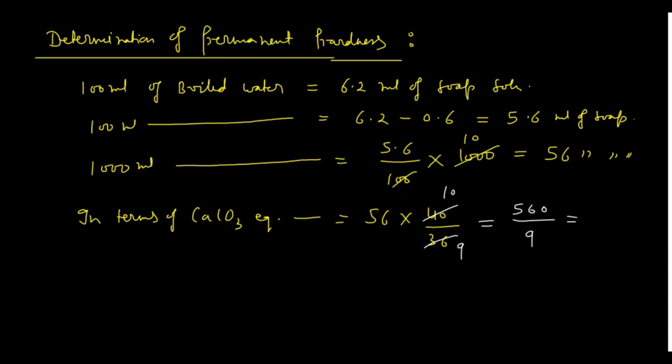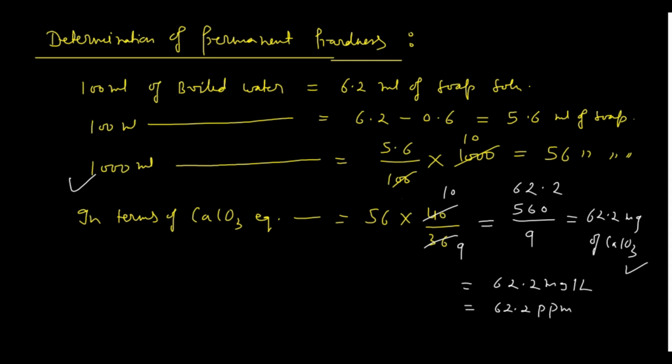That equals, 9 6s are 54, then 2, 9 2s are 18, and so on: 62.2 mg of CaCO3 present in 1 liter. So your answer is 62.2 milligram per liter or 62.2 ppm. This is your permanent hardness.